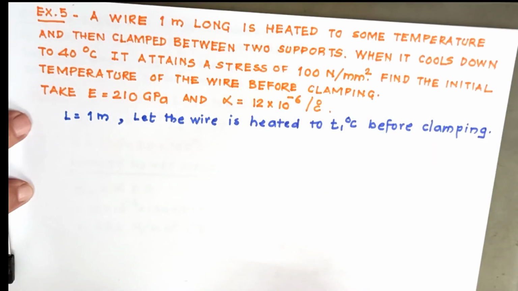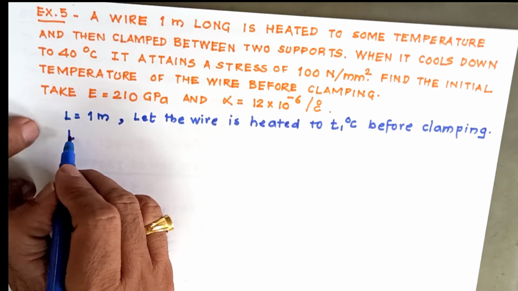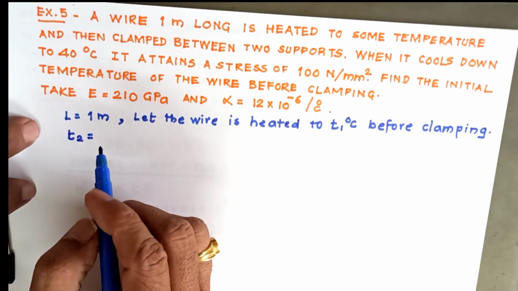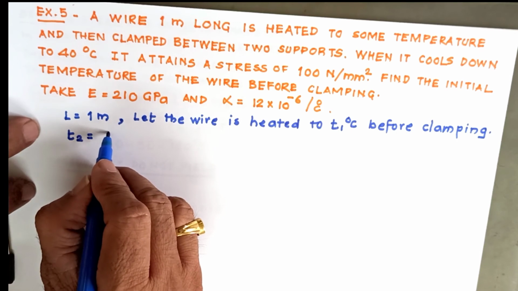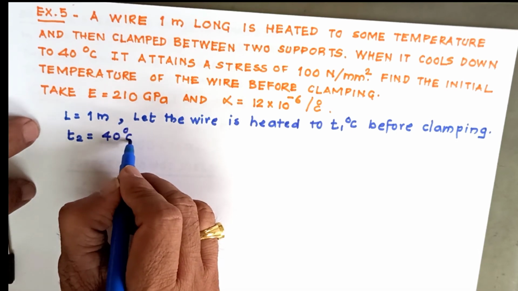Before clamping. Okay? Then T2 is given after clamping. Its temperature cools down, that is falls to 40 degree Celsius.